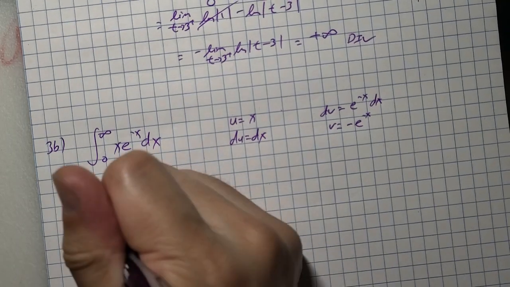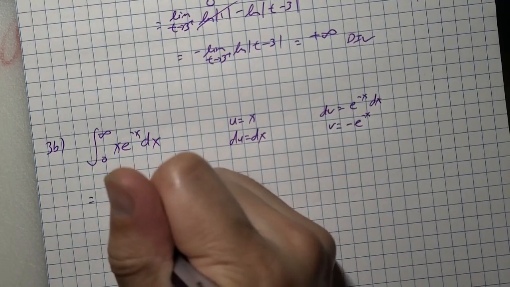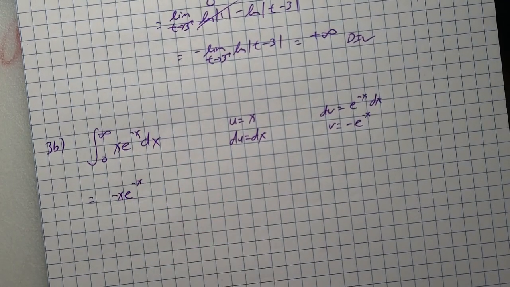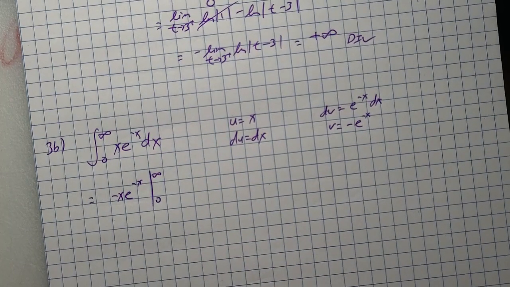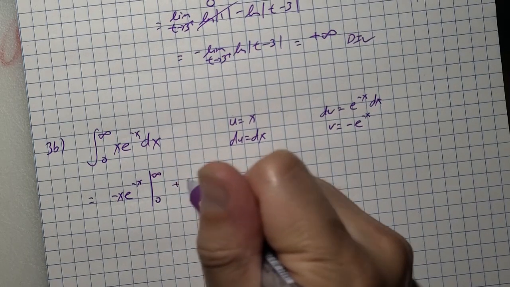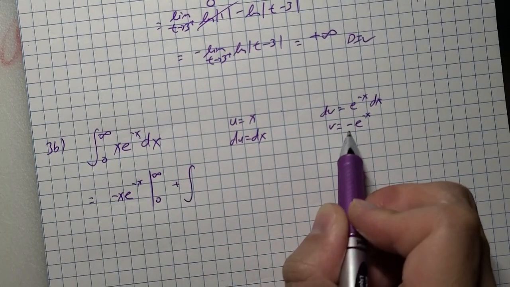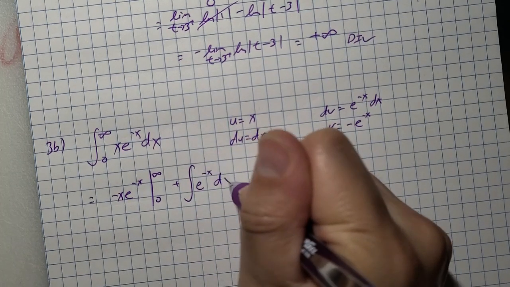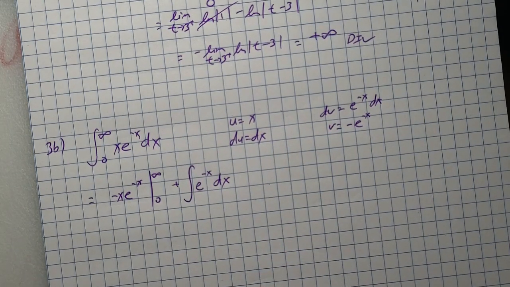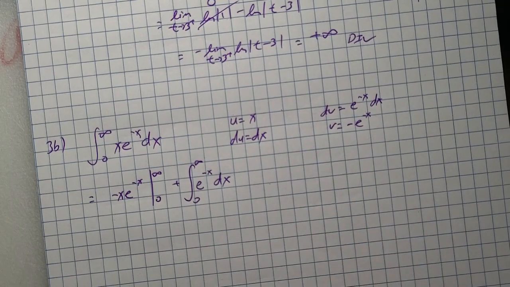Okay. Integration by parts. We get minus x e to the minus x, evaluated from 0 to infinity, plus, because it'll be minus a negative, so plus, the integral of e to minus x dx from 0 to infinity.